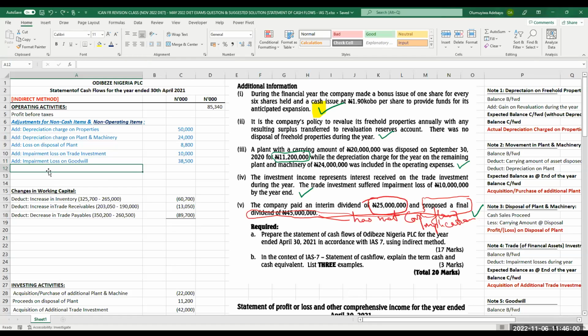Therefore, I deduct it from here. I classify it to investing activity. Therefore, deduct interest received from trade investments.